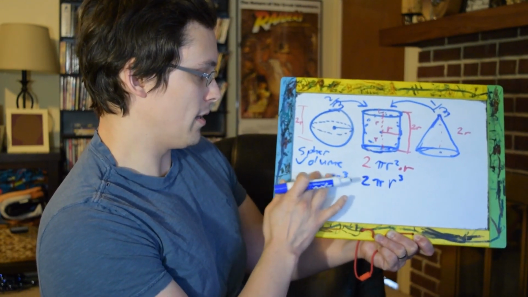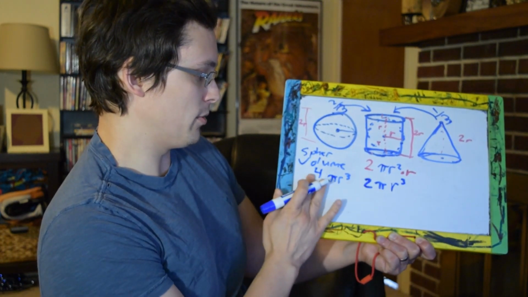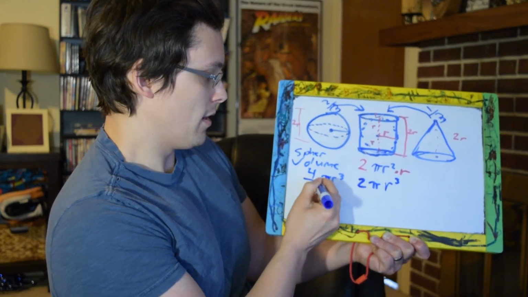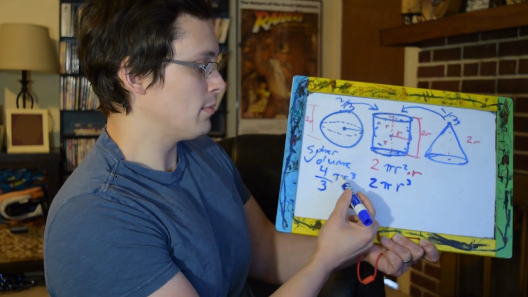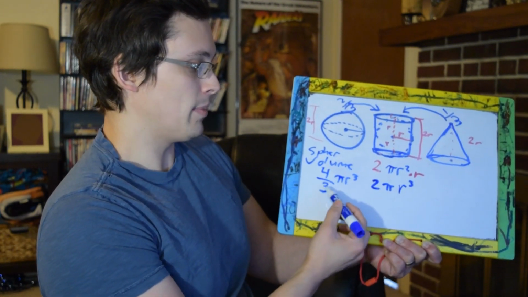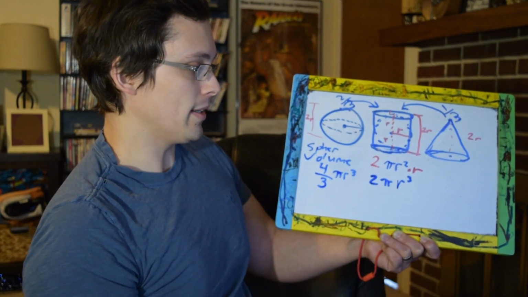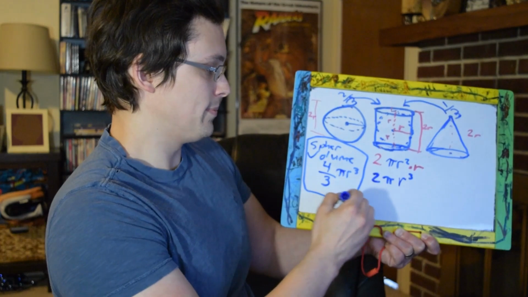So it's 4/3 pi r cubed. If I write that nicer, it looks like this. And another way of thinking of that is 4 times pi times r times r times r, and then divided by 3. All right, so that is our sphere volume formula.